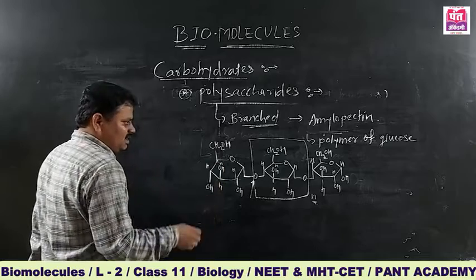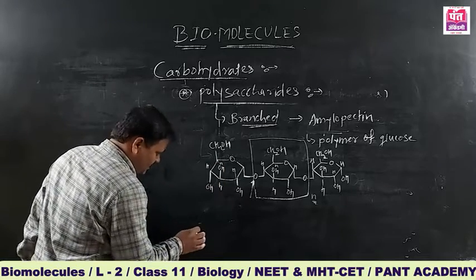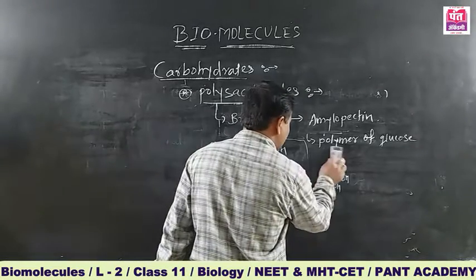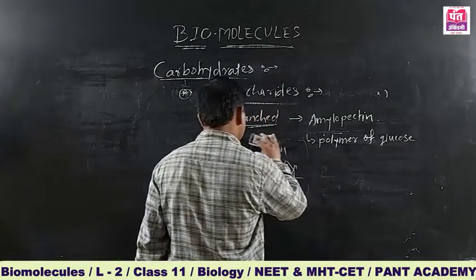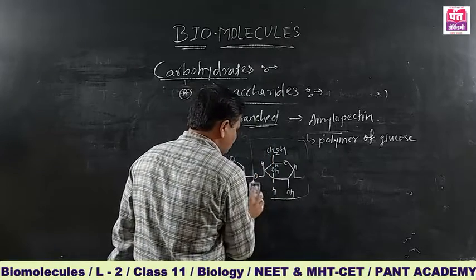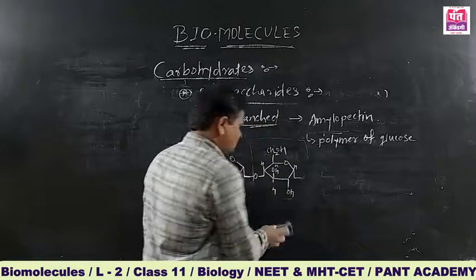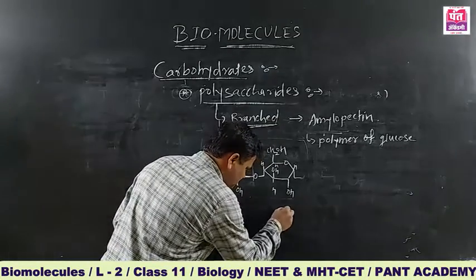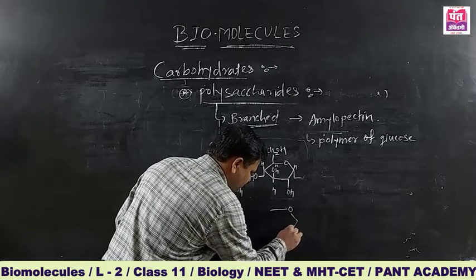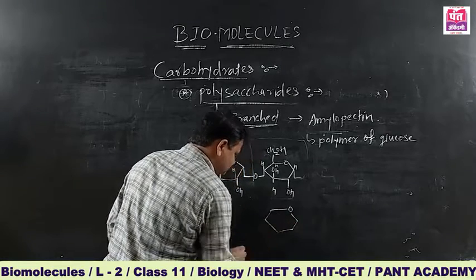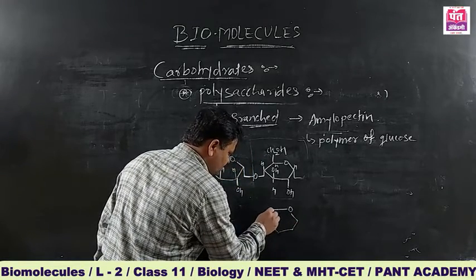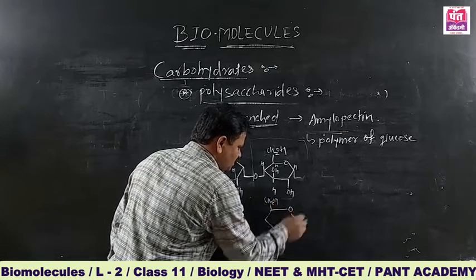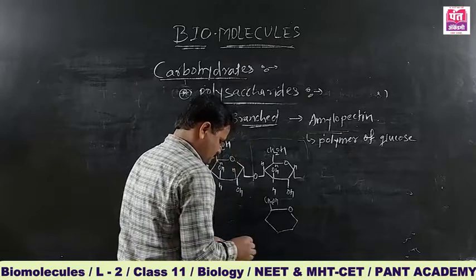So when we think in a different way, we can understand that there is a formation of a branch, and this branch can be part of many different kinds of groups. So I will draw one glucose molecule here. You can see here CH2OH. But now what happens?